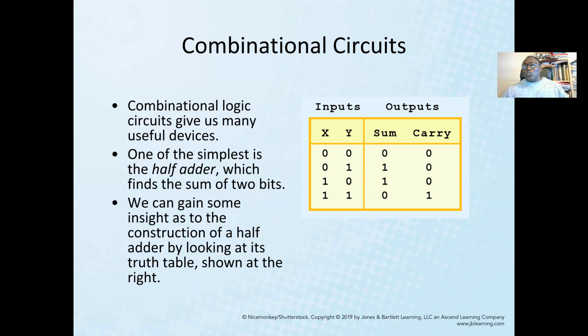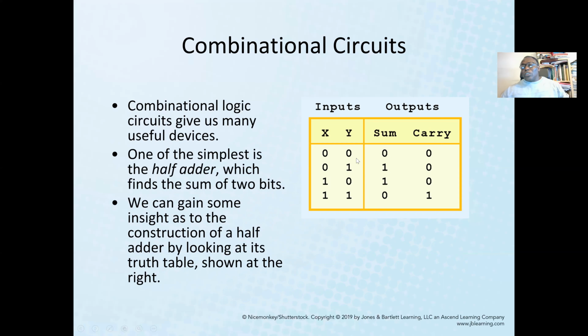In Boolean algebra, 1 plus 1 is 0, remainder 1. 0 plus 0 is 0, remainder 0. 0 plus 1 is 1, remainder 0. 1 plus 0 is 1, remainder 0. But 1, 1 is 0, remainder 1.